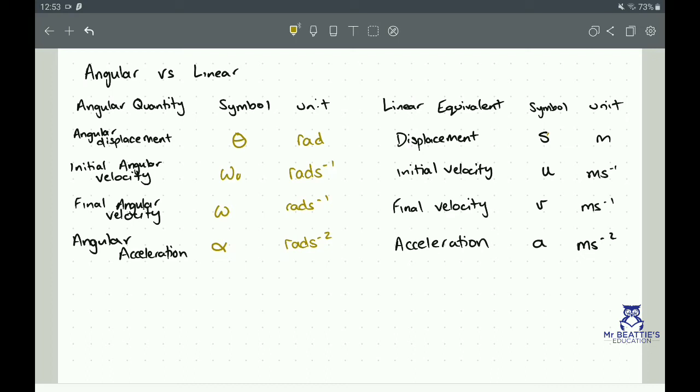Now, these two are very similar in what we're going to do. We're going to first look at discovering what these equations of angular motion are. As you can see from our unit, the initial angular velocity is radians per second, which means that angular velocity must also be the rate of change of angular displacement.